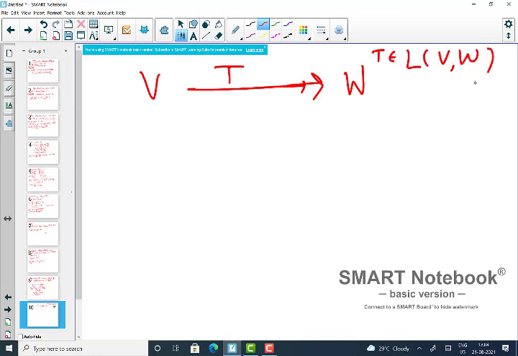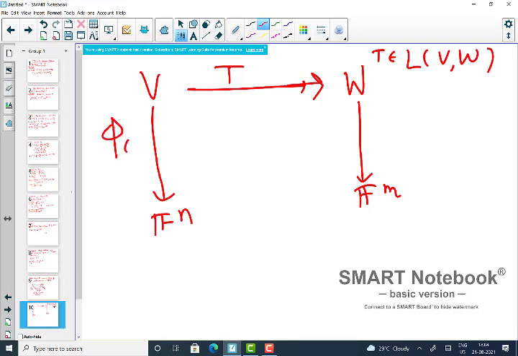And we know the dimensions, say n and m. So we have a natural map, which is called the standard representation, from V to Fn, and a natural map here also from W to Fm. The dimensions are n and m. So this is phi B.